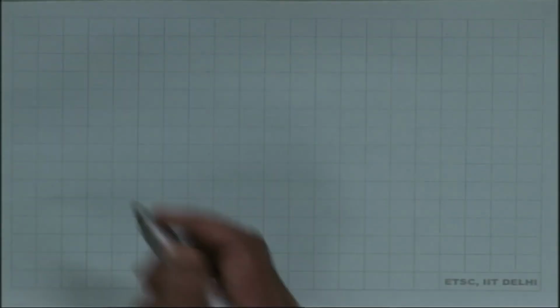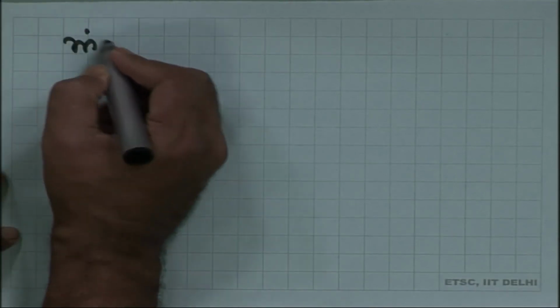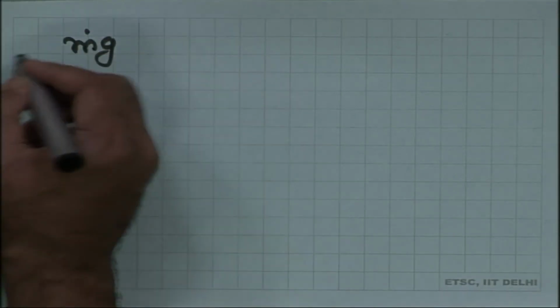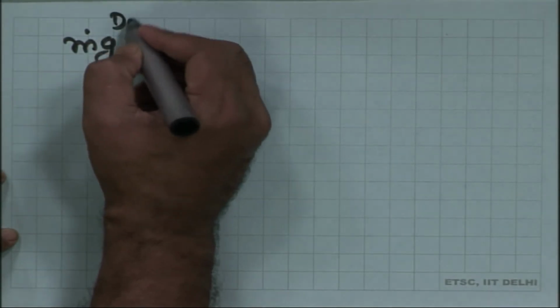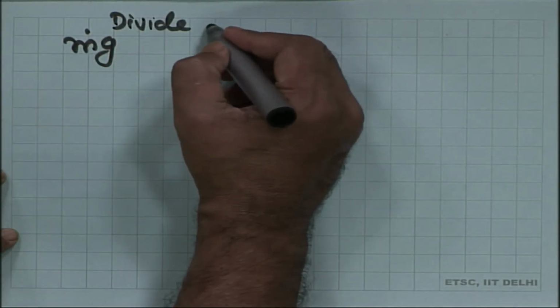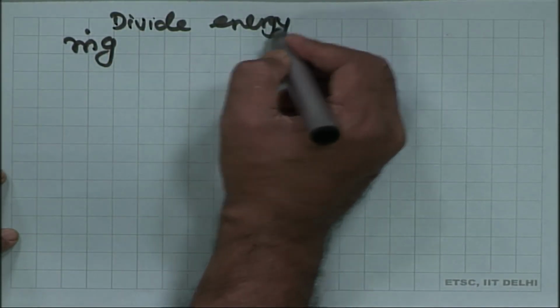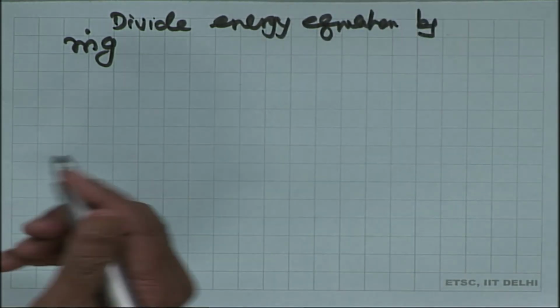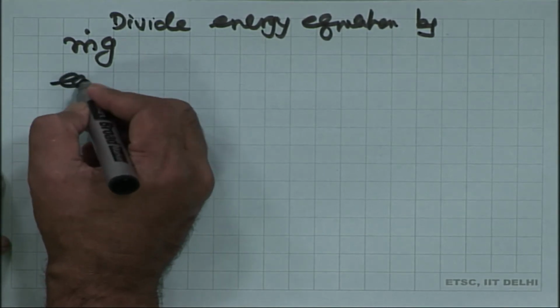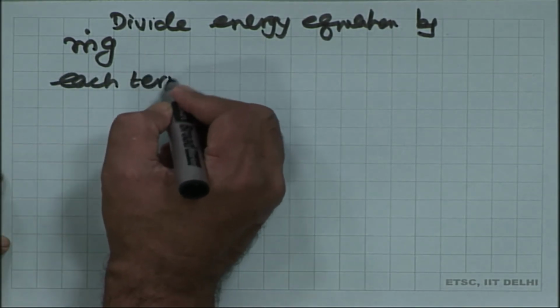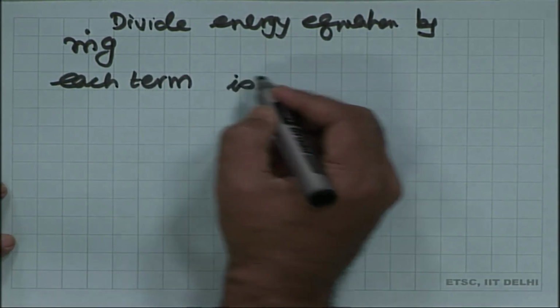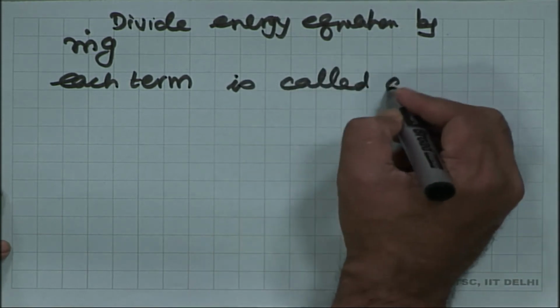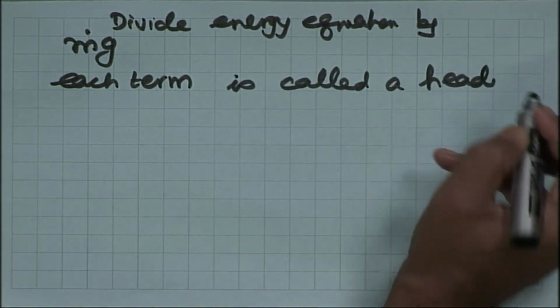So, we divide the energy equation by m dot g, and then each term is called head.